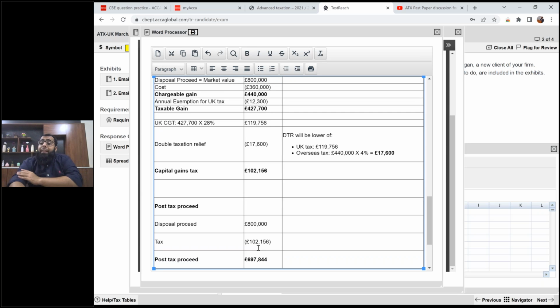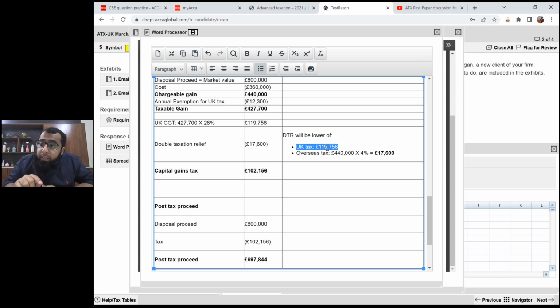Now, one student has asked a question: sir, if there would be a treaty, then what would have happened? Like when there is no treaty, we calculate DTR at the lower of. But if there would be a treaty, then what would have happened? See, what you need to understand is that a treaty is an agreement between two countries.